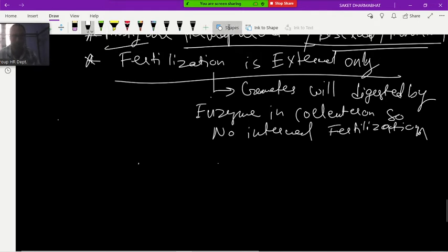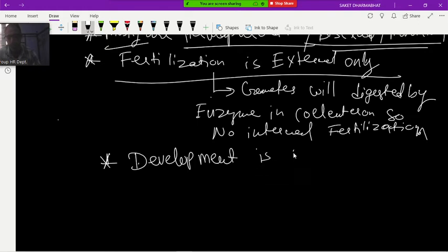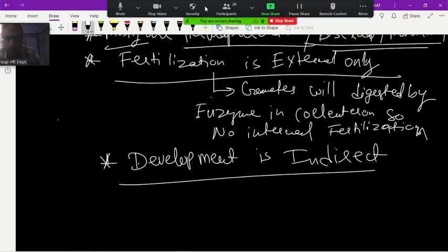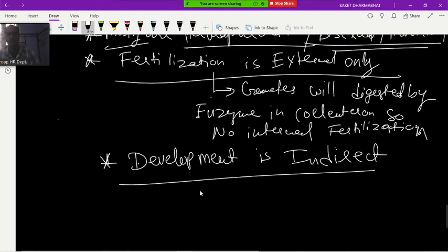Development is always indirect. Development is indirect in the sense that there is a larva.